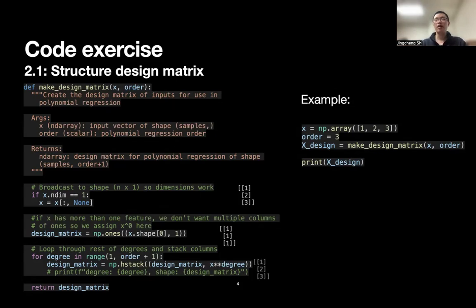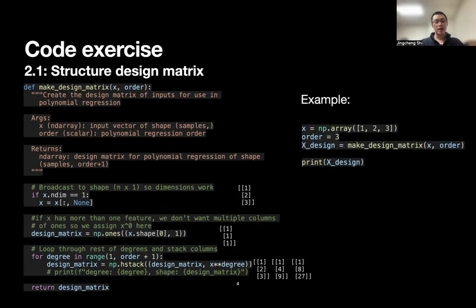The second column is the power of 1 for the different x values, which is just the original values: 1, 2, 3. The third column is the power of 2: 1 times 1 is 1, 2 times 2 is 4, and 3 times 3 is 9. Finally, the last column is the power of 3 for the different x values: 1, 8, and 27.